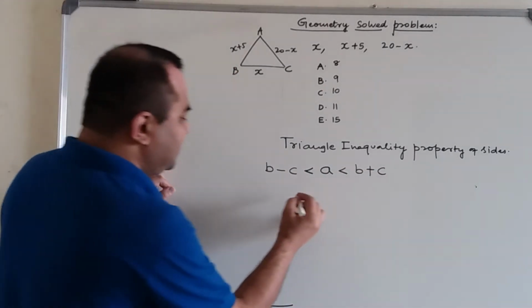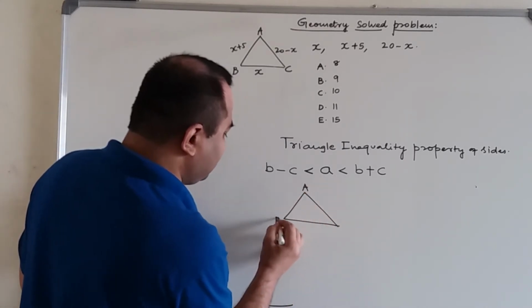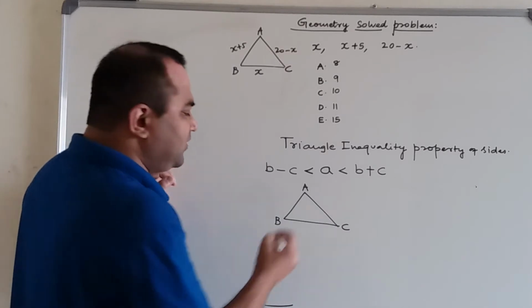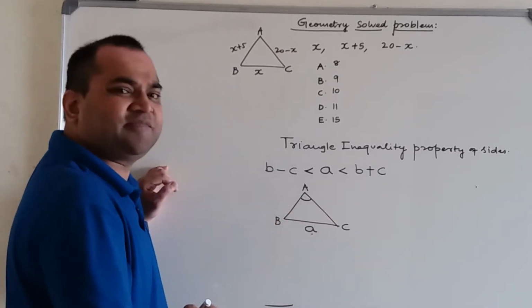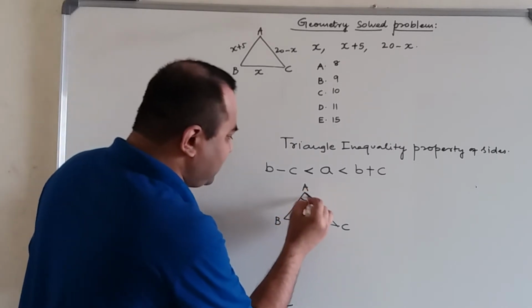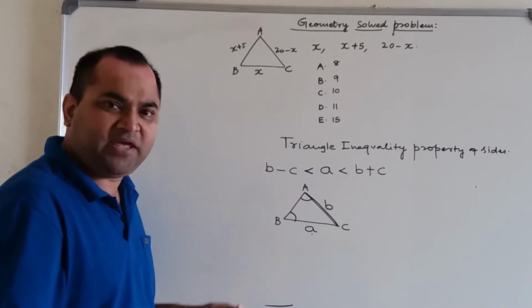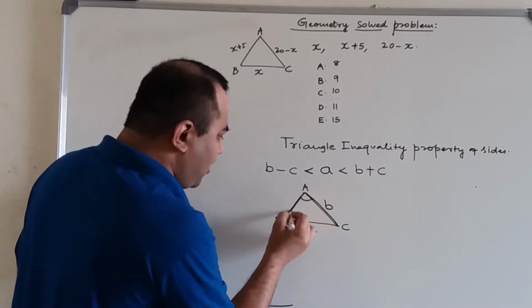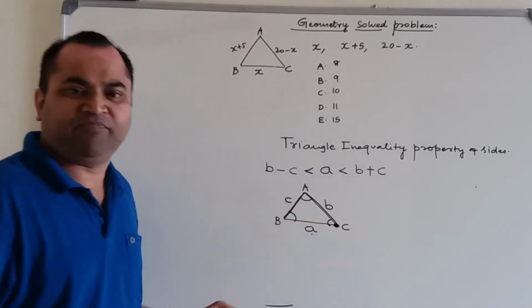Let me repeat. Suppose this is the triangle ABC, in which the length of the side BC opposite angle A is small a, length of the side AC opposite angle B is small b, and length of the side AB opposite angle C is small c.